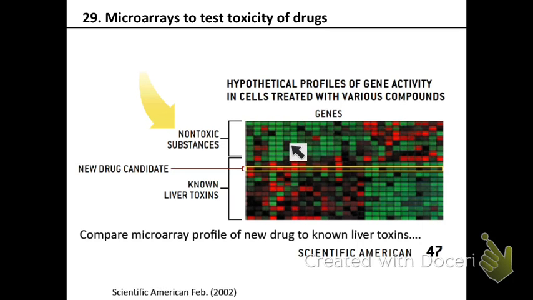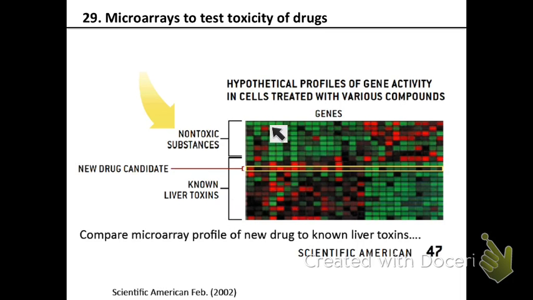So what you do in this case is a microarray: you grow your cells, and then you put a different type of drug in each dish, okay? And then you collect these cells that were subjected to different drugs. So, for example, in each row you have a sample that has been incubated with a bunch of non-toxic substances and a bunch of samples incubated with known liver toxins.